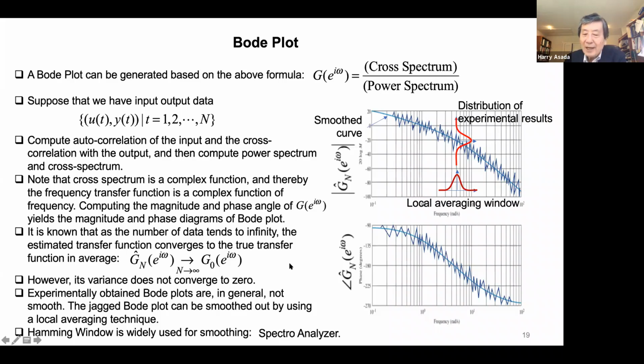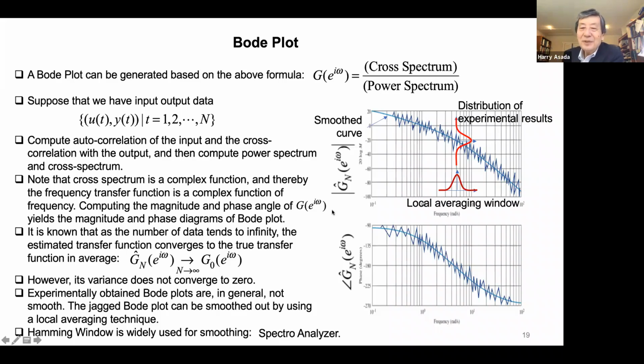Have you played with spectral analyzers, or an oscilloscope? If you buy a slightly high-end oscilloscope, maybe you should ask your advisor to buy a better one, or just the software is actually okay for doing this. What's inside of the spectral analyzer is exactly this.